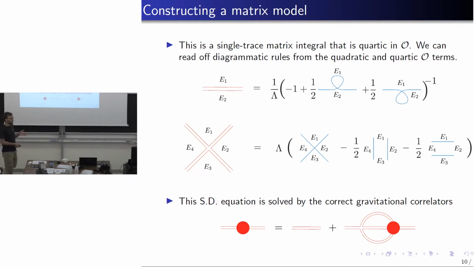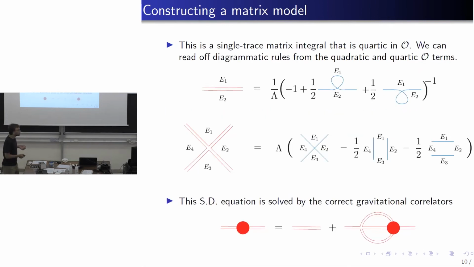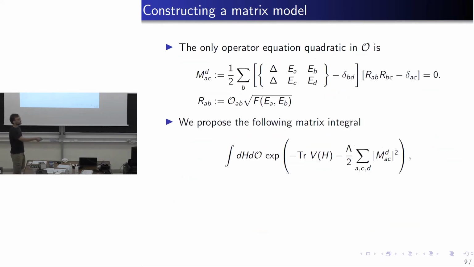So we're going to basically just check that this Schwinger-Dyson equation is obeyed. Well, so the matrix potential is the square of this thing I called M, and M is quadratic in the matrix. So now the matrix potential is quartic. So there's a quartic vertex only in what I've shown you.